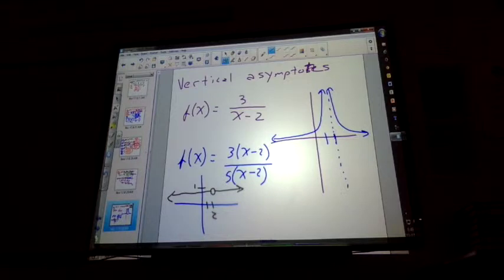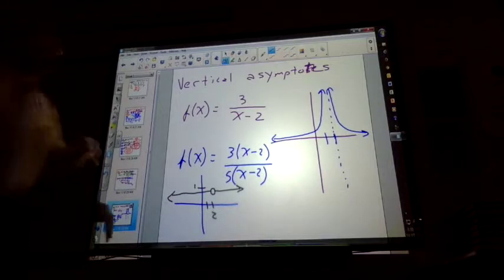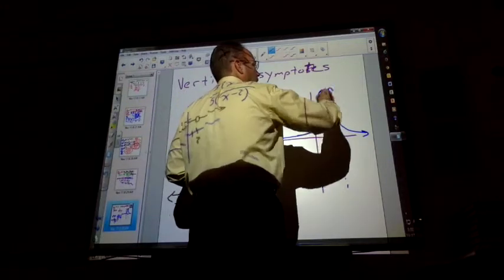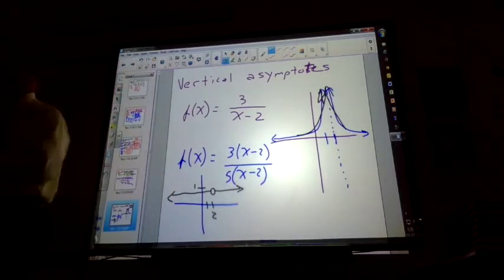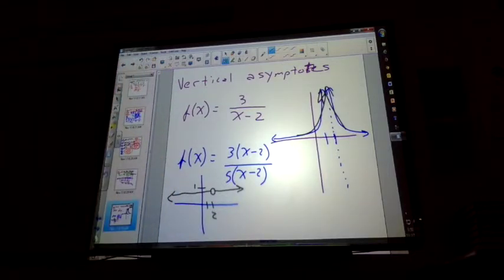Does the hole look different than the asymptote? Yeah. I mean, you have this function that's going straight across, and then it skips over that point and keeps going. Whereas the asymptote goes really up quickly, or comes down quickly from that line. So an asymptote is something you can approach really, really close.